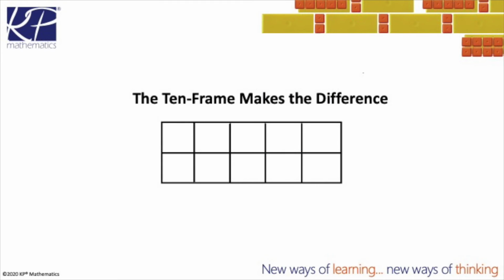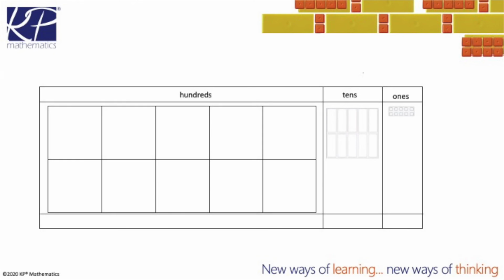The most important differences between base 10 blocks and 10-frame tiles are attributable to the 10-frame. A 10-frame in every place provides the conditions for students' meaningful base 10 work.